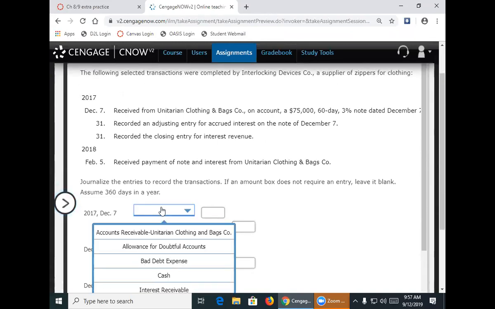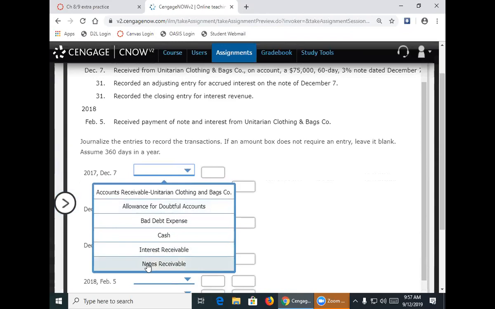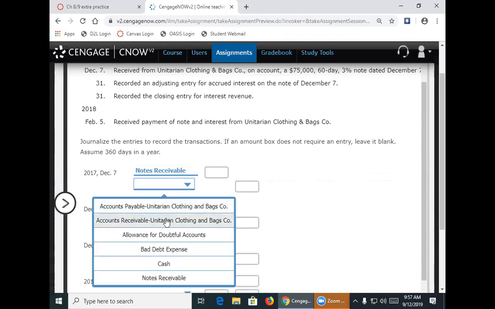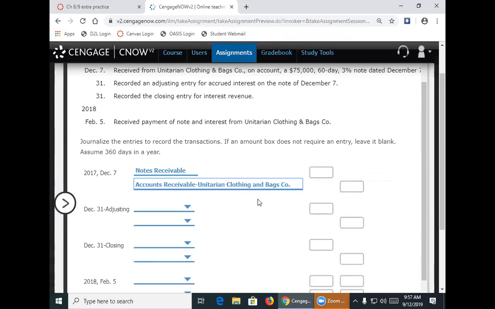Notes receivable, good. Accounts receivable. So notes receivable gets debited and accounts receivable for Unitarian Clothing gets credited. How much do I debit and credit? The amount. Very good. Yeah, the $75,000, that principal amount or the face value.